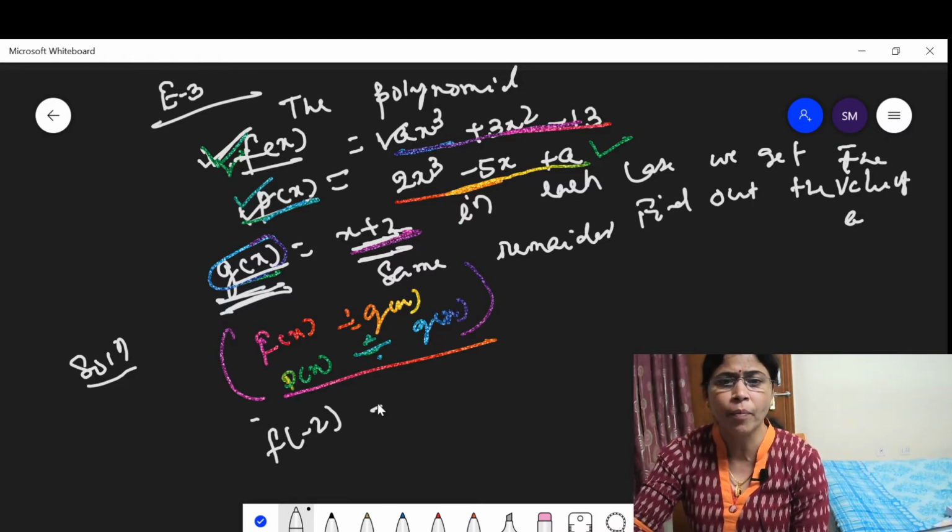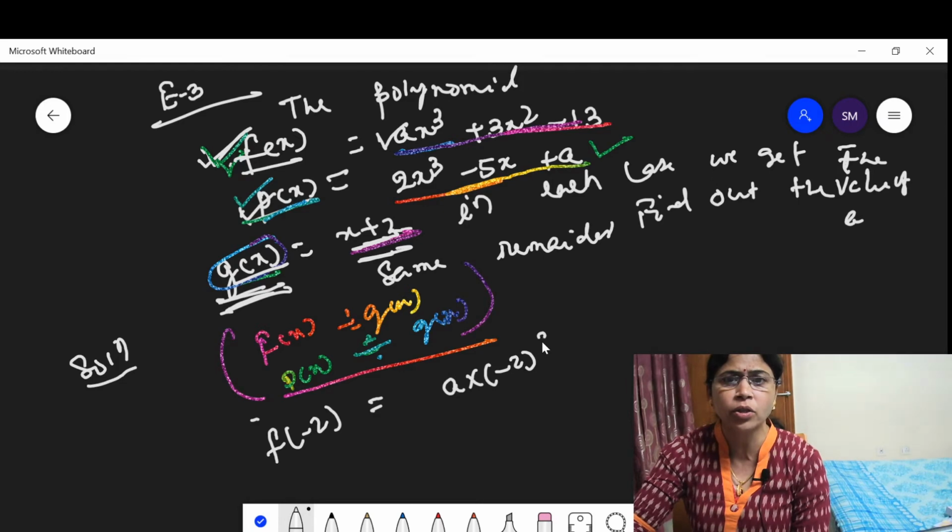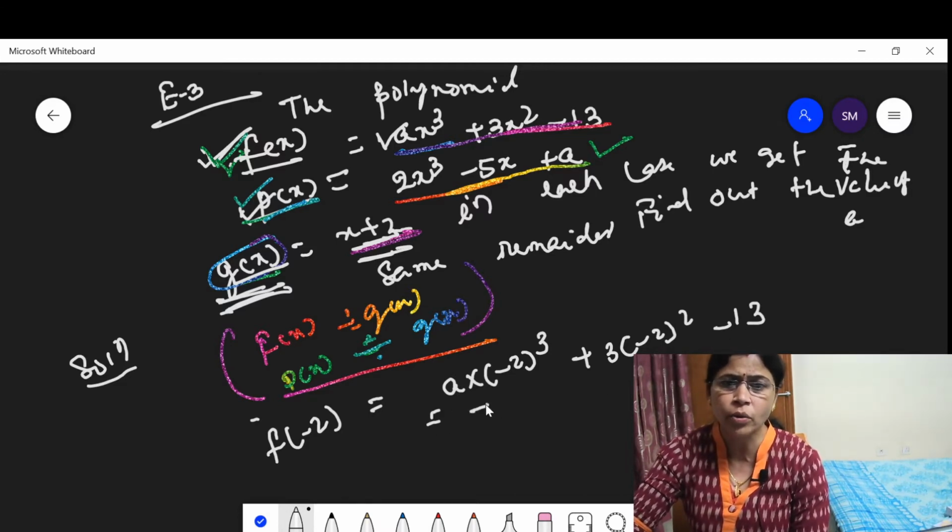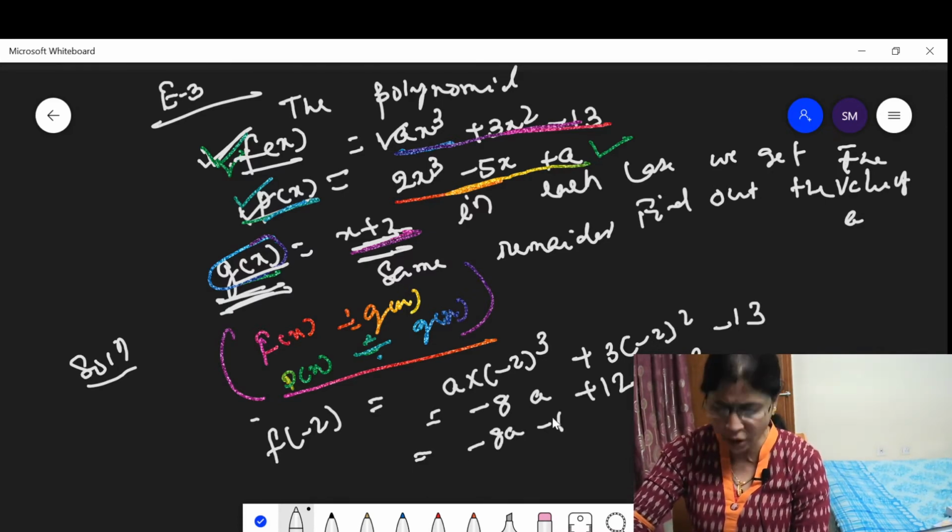Then f of minus 2 is equal to a into (minus 2) cube plus 3 into (minus 2) whole square minus 13, which is equal to minus 8a plus 12 minus 13, which is equal to minus 8a minus 1.